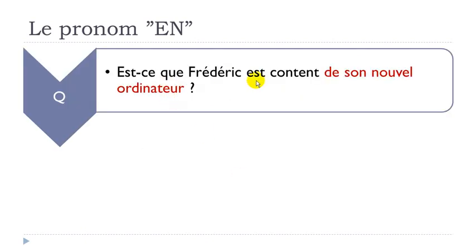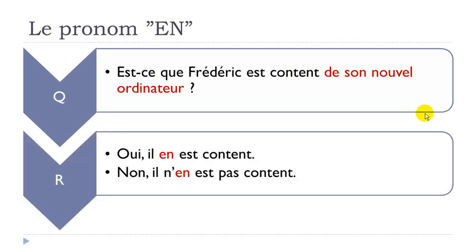Est-ce que Frédéric est content de son nouvel ordinateur? Okay, est-ce que Frédéric est content? Content is to be happy, satisfied, okay, de son nouvel new ordinateur, computer. D'accord? Est-ce que Frédéric est content de son nouvel ordinateur? All right, so it's exactly the same concept.